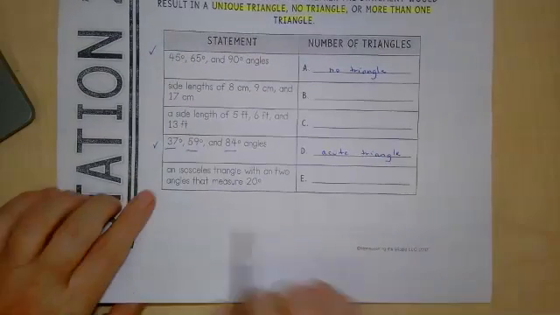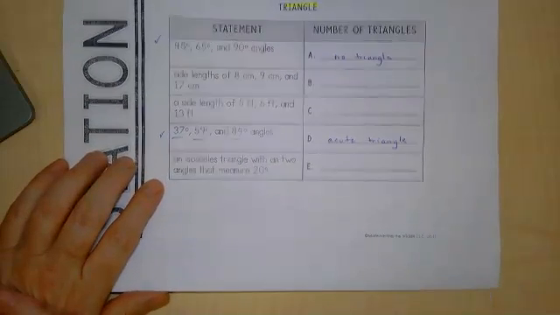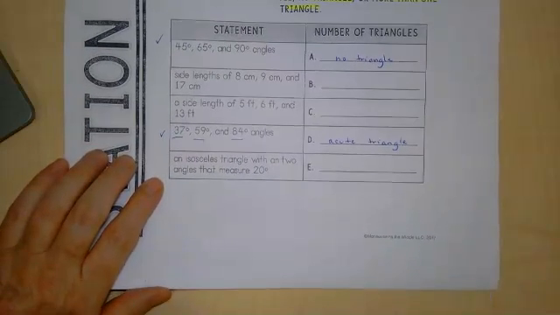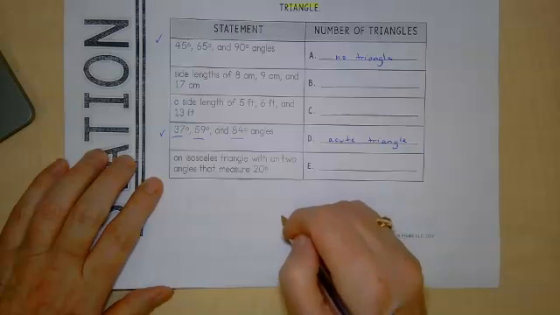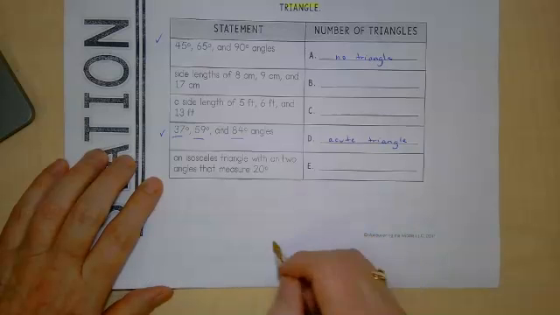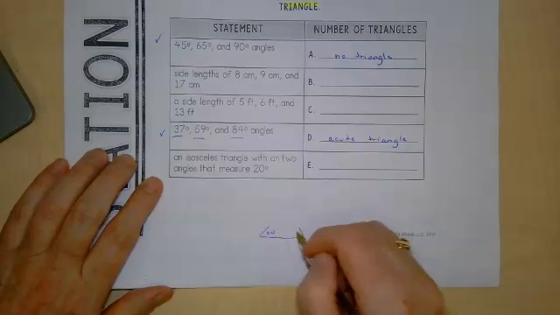Okay, an isosceles triangle that has two angles that measure 20 degrees. So let's do an isosceles. 20 and 20 would be 40.